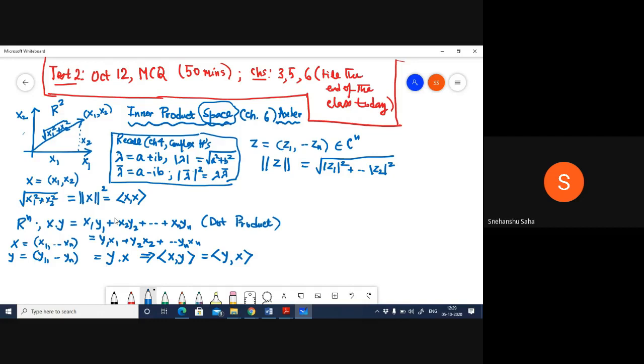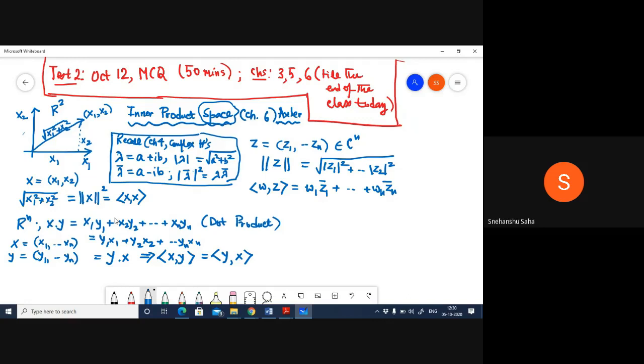And similarly, if I'm just dealing with complex entities, then the inner product of W and Z, like two vectors, is nothing but W1 Z1 conjugate plus and so on up to Wn Zn conjugate. So what is an inner product?